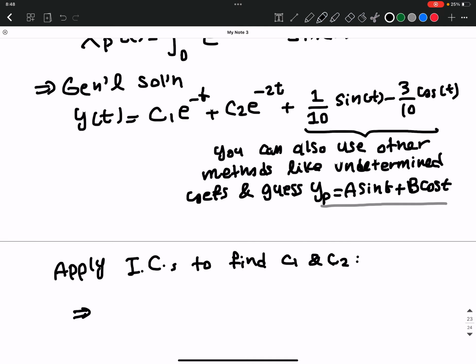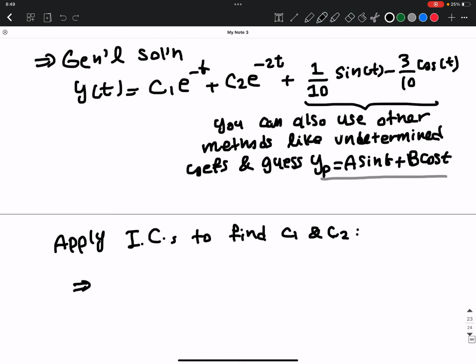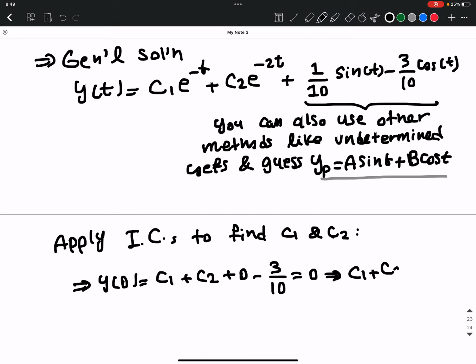We know that y at 0 is 0. And what would be y at 0 here? We have C1 plus C2, sine of 0 is 0, so it's 0 plus 0 minus 3/10 equals 0. So this gives me C1 plus C2 is 3/10.